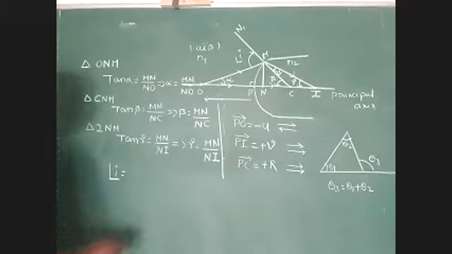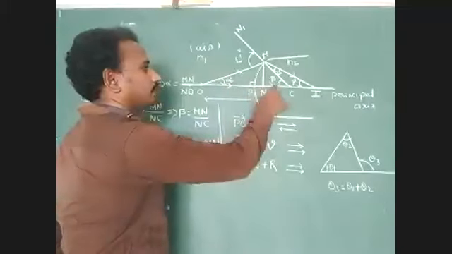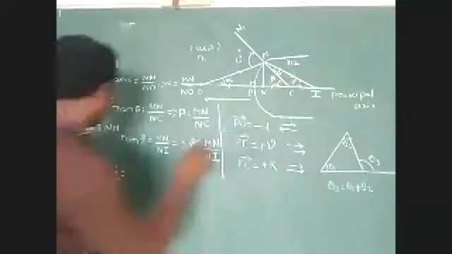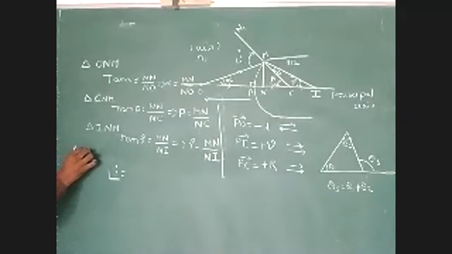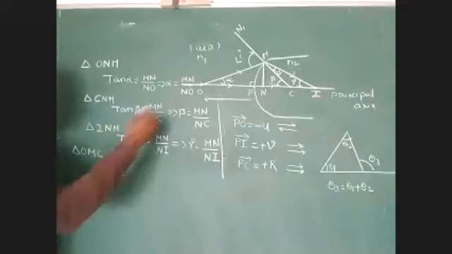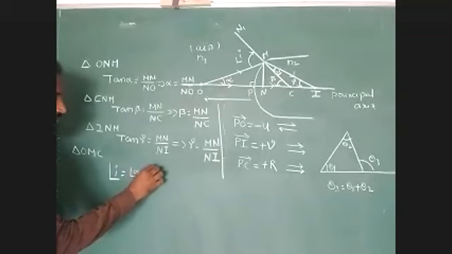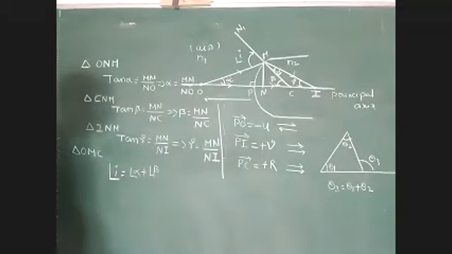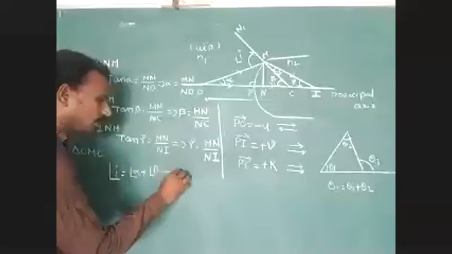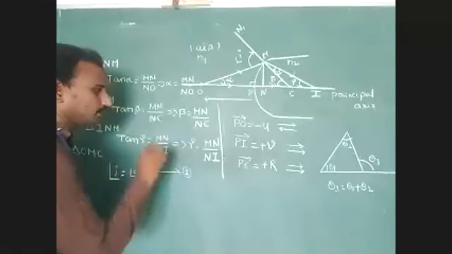Angle I equal to the sum of opposite internal angles of triangle OMC, angle alpha plus angle beta. This represents equation number 1.